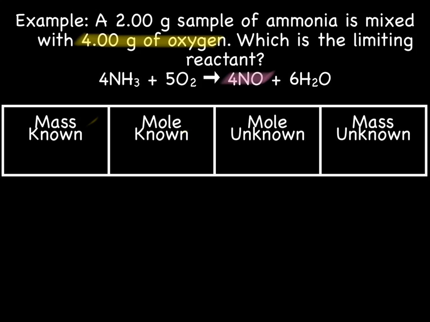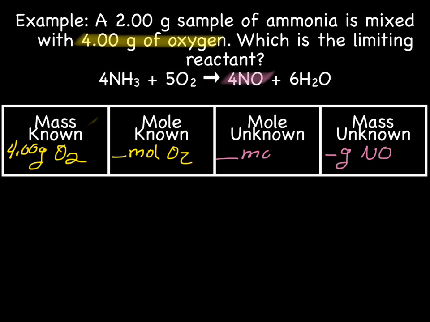So we're going to have 4.00 grams of oxygen as our known, and our unknown will again be blank grams of NO. We also need to go through mole known and mole unknown.